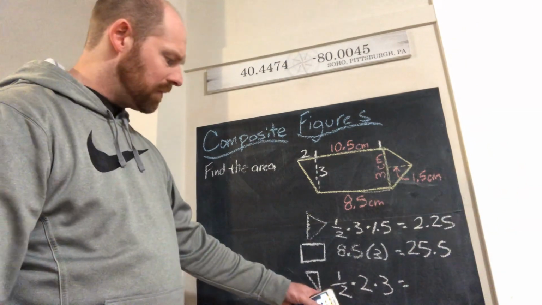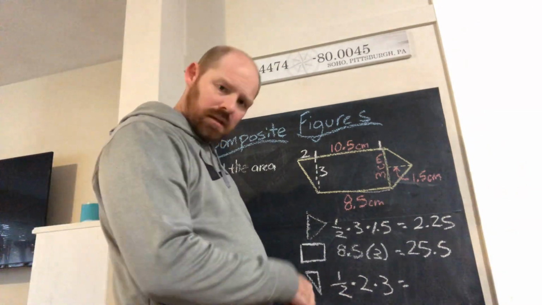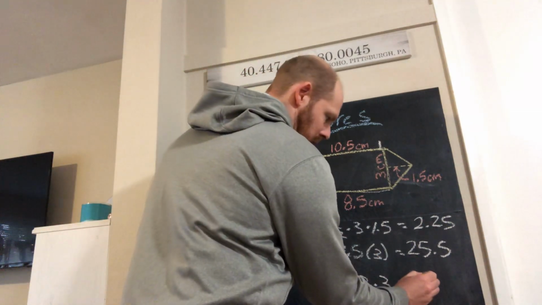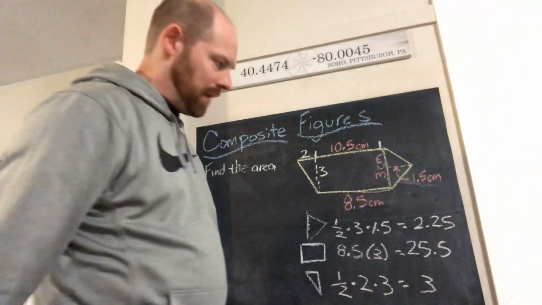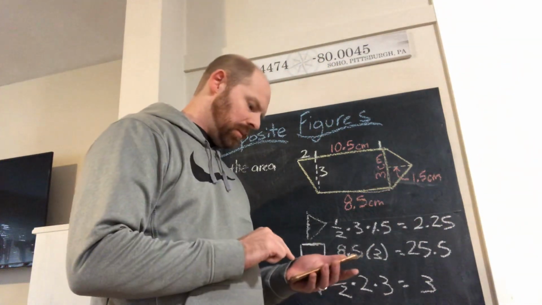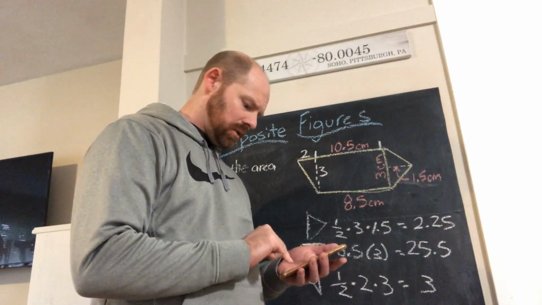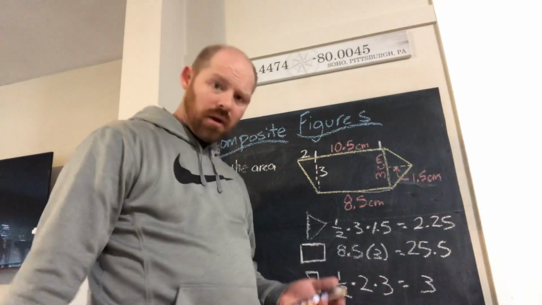And then 1/2 times 2 is 1, times 3 is 3. So now we have 3 areas. We're just going to add them together. 25.5 plus 3 plus 2.25 equals 30.75.